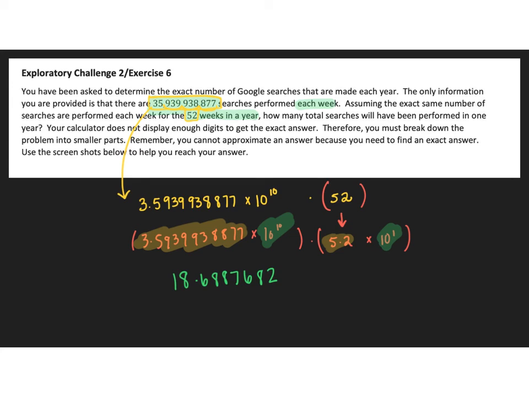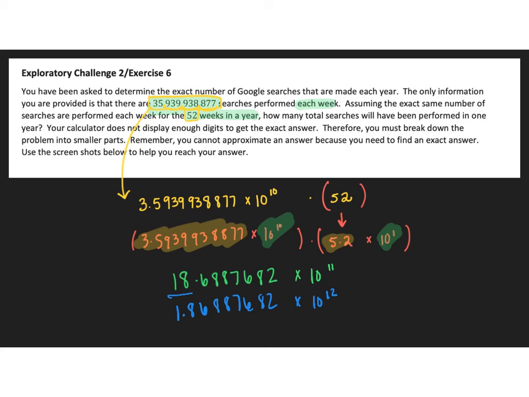So this is going to be times 10 to the 11th power. Our last step is to make sure this is correctly written in scientific notation. It is not, because this leading digit is too big. So I'm going to move it one space back. And if I make this number one space smaller, I make this exponent one bigger.